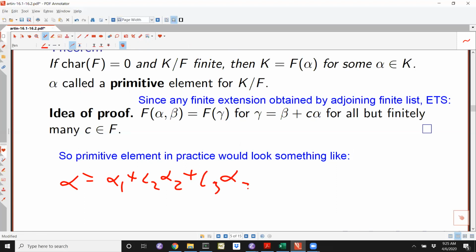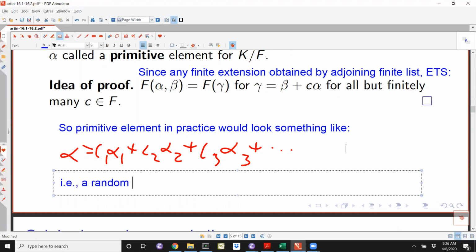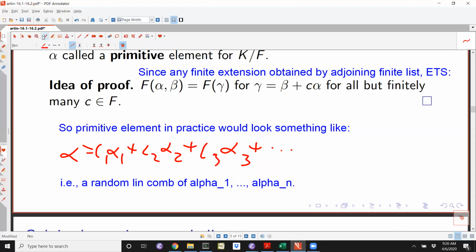What this is really saying is that if you get a finite extension by adjoining finitely many elements, and you take essentially a random linear combination of those elements, then adjoining that single element will have the same effect as adjoining all of them one at a time, which is nice to know.